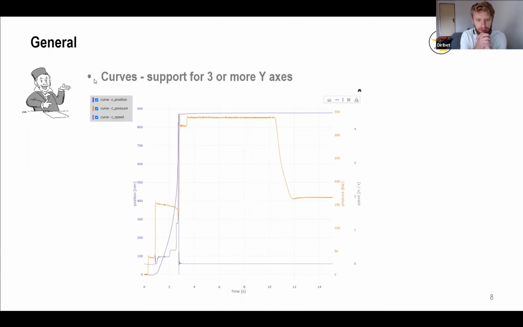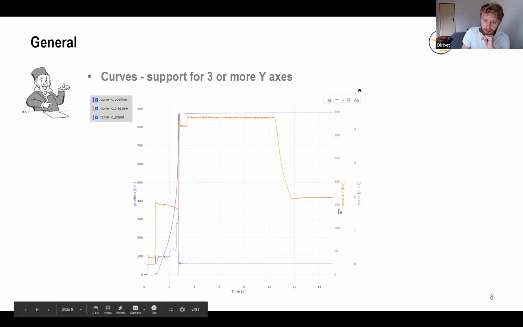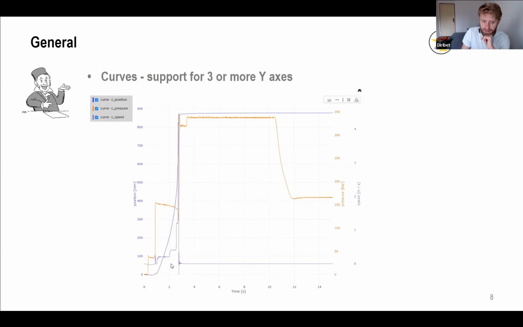Graphic for curves. There you can see the curves from pressure die casting, and there are three different epsilon axes: the position, which is the blue one, the pressure, the orange one, and the speed, the last one there.